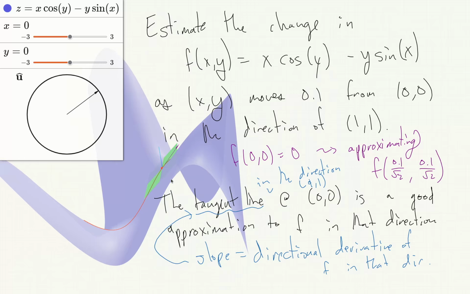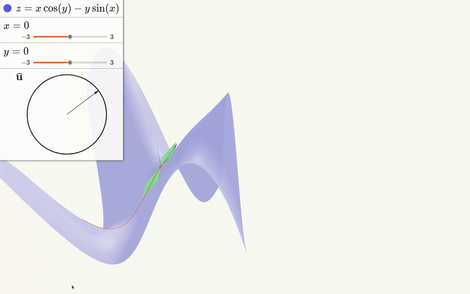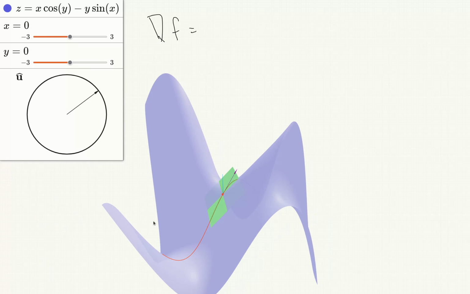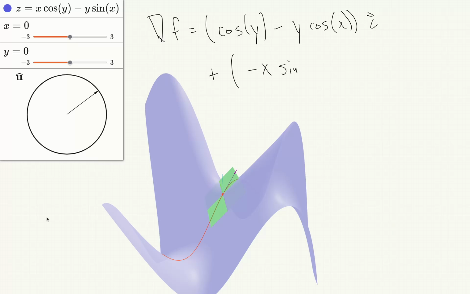Okay, so let's calculate the directional derivative. So let's see. grad f will be cos y - y cos x times i, plus negative x sin y minus sin x times j.